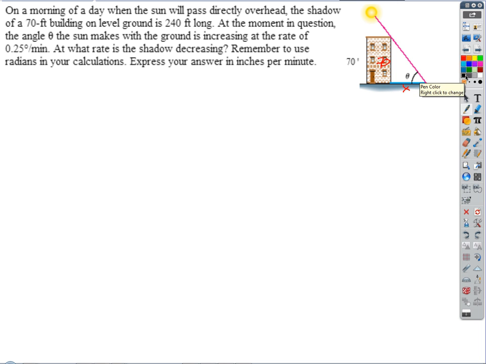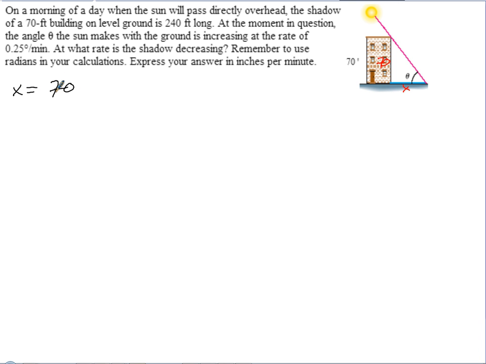So X equals 70 times 12, which is 840. Wait, wouldn't you divide it? No, because we're going to multiply, because inches are smaller measures than feet. So we're going to get 840 inches.